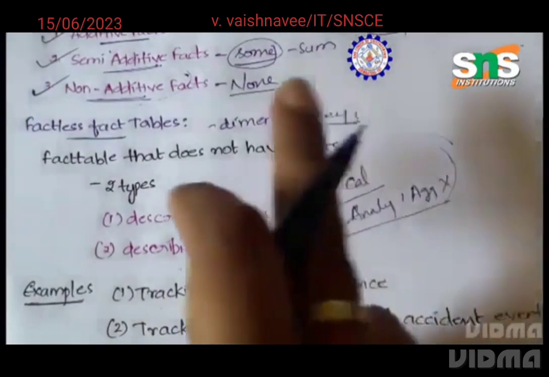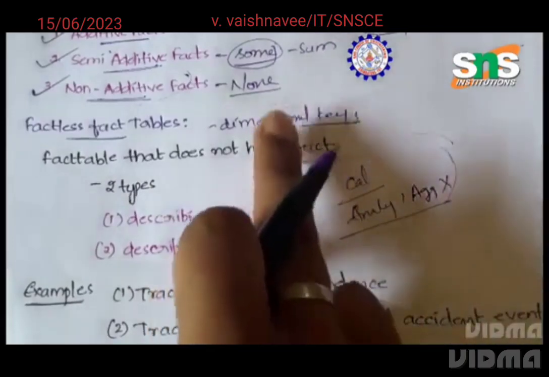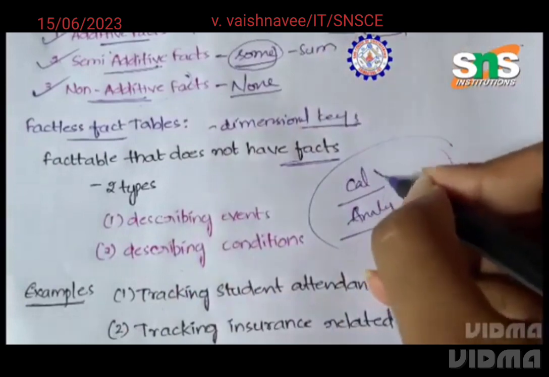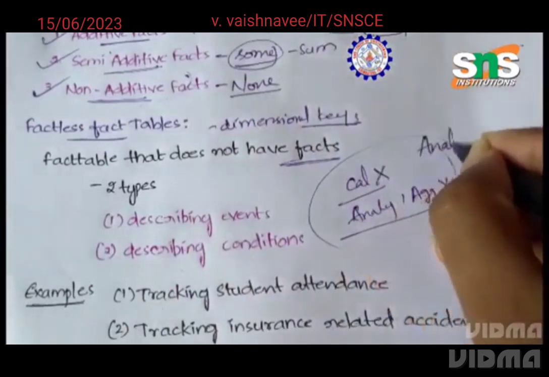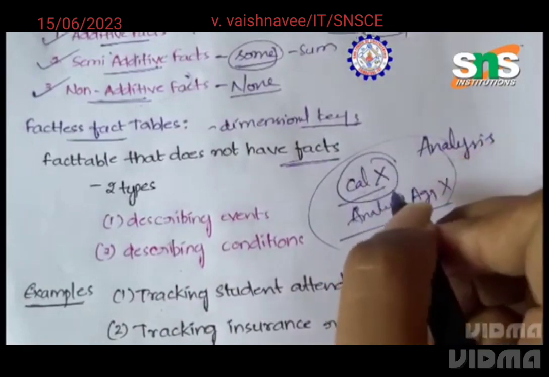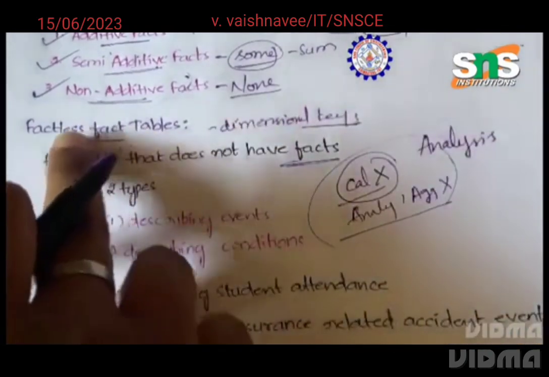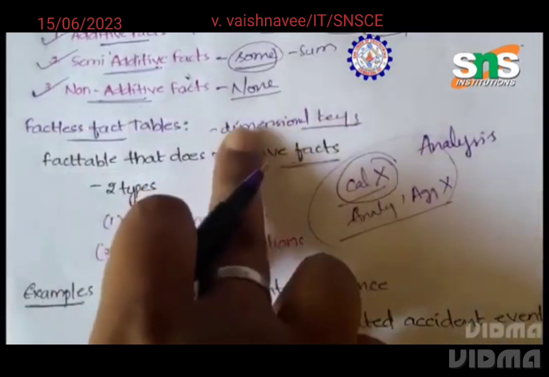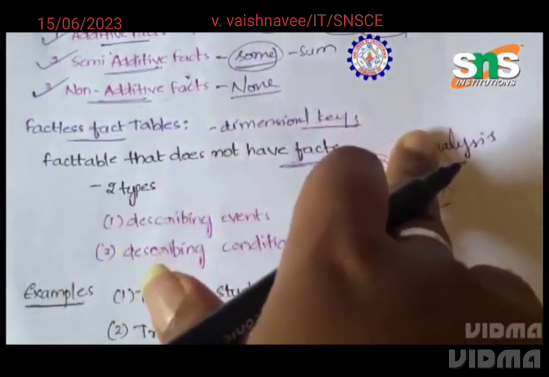Okay, so that is about the factless fact table. It will not have facts. It will have dimensional keys. It will not have calculations. It will have analysis information only. What does it not have? It does not have facts and it does not have calculation information. It has only dimensional keys and analysis related information.